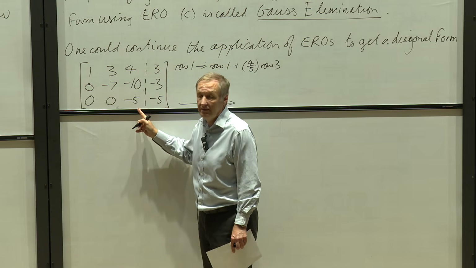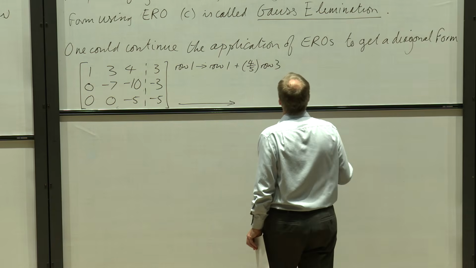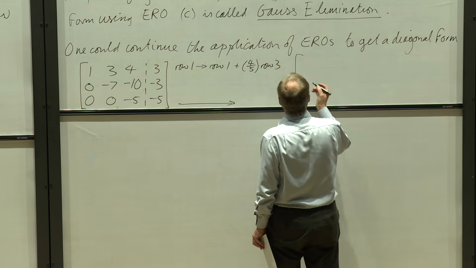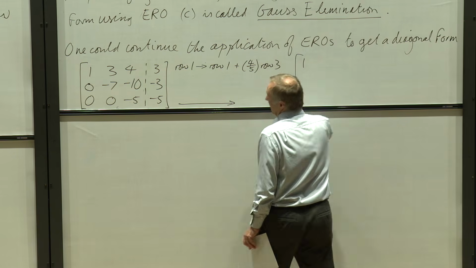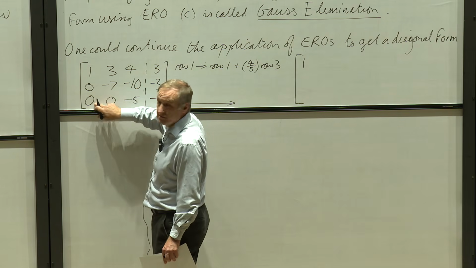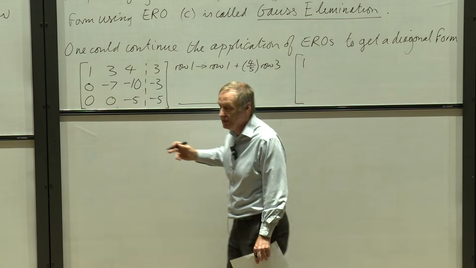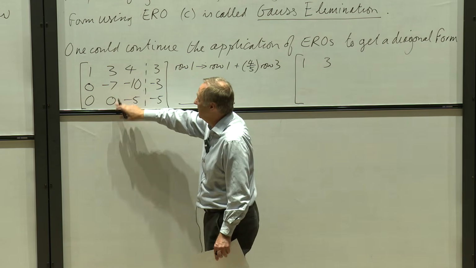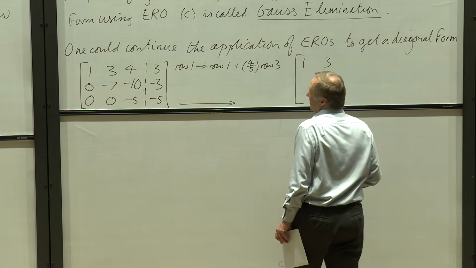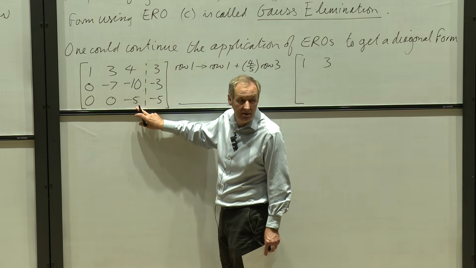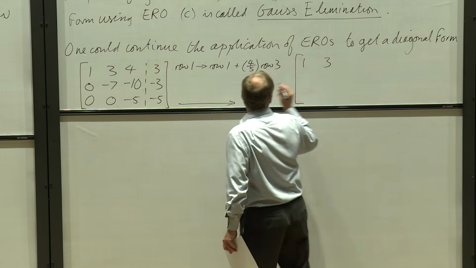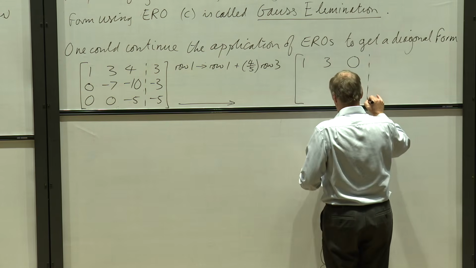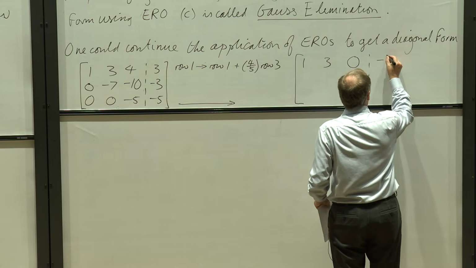If I do that, then the first row becomes 1 because 4/5 of 0 added to 1 doesn't change it. I get 3 similarly because 4/5 of 0 added to 3 doesn't change it. But 4/5 of minus 5 added to 4 gives me a 0 here. And the right-hand side becomes, in fact, minus 1.